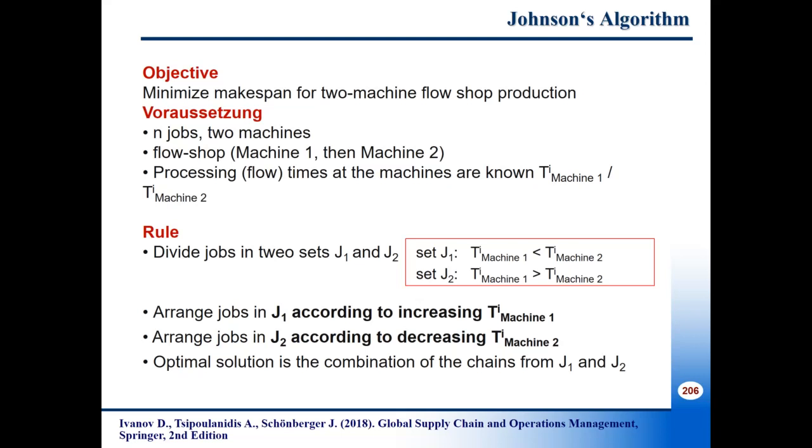The remaining jobs are collected in the set J2. In the second step, both sets are ordered. The set J1 is sorted by increasing processing time Ti' for machine number 1, for painting, and the set J2 is sorted by decreasing processing time Ti' for machine number 2, or coating.